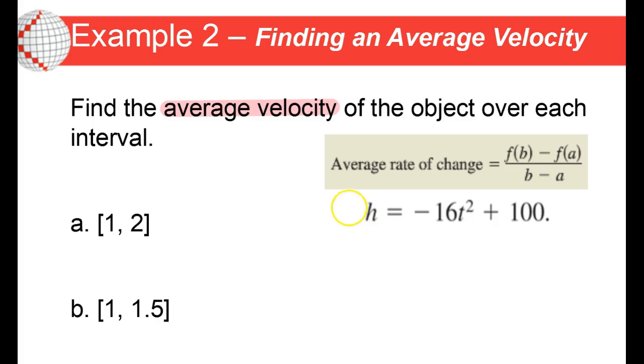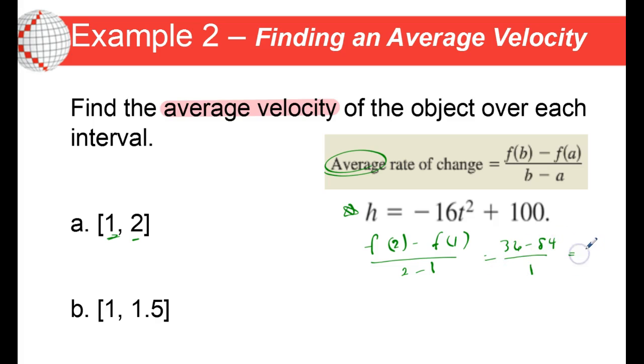So here's my formula, and I'm going to say find the velocity between 1 and 2 seconds. So the average would be, don't take the derivative of this, the average velocity would be f of 2 minus f of 1 all over 2 minus 1, which is 36 minus 84 over 1, which is negative.